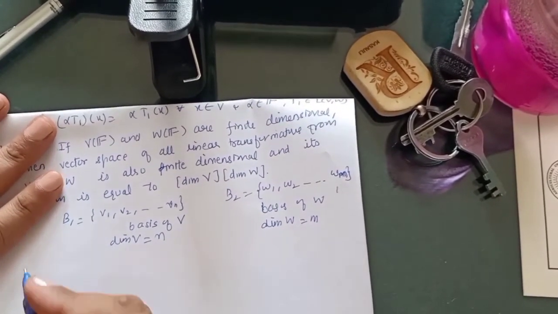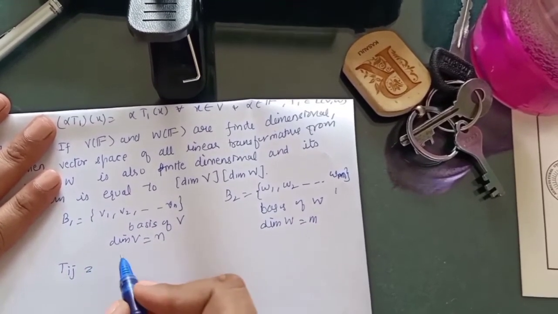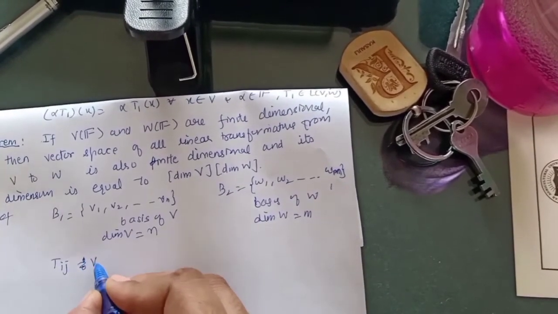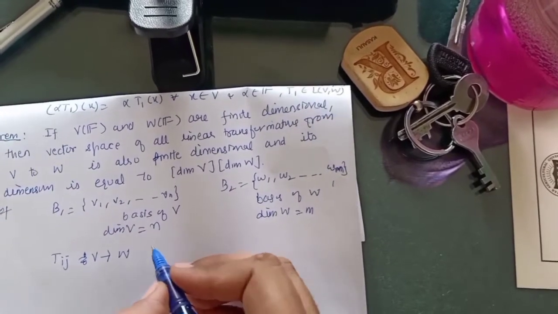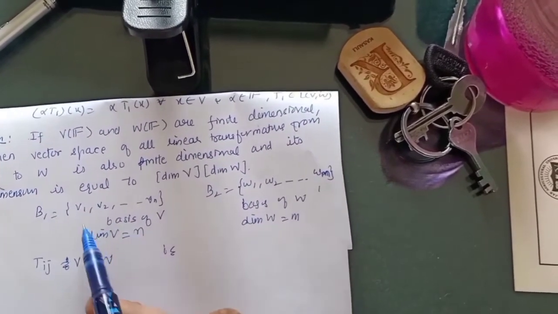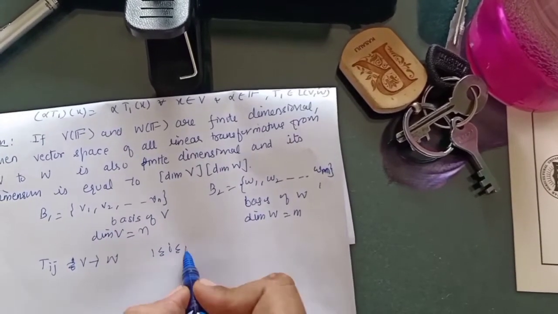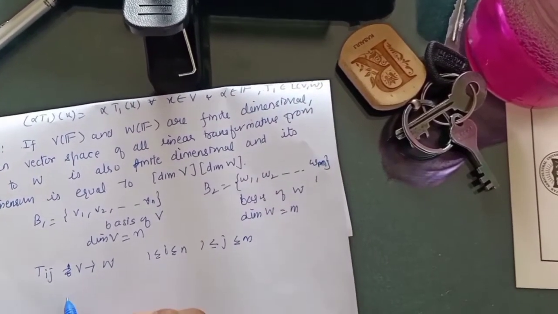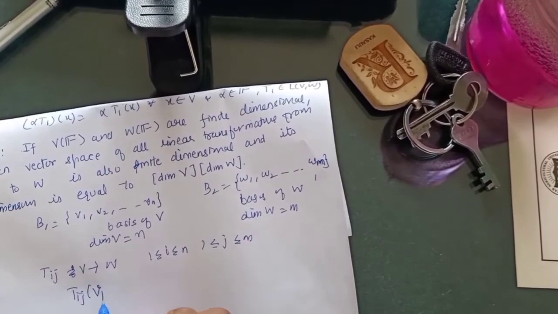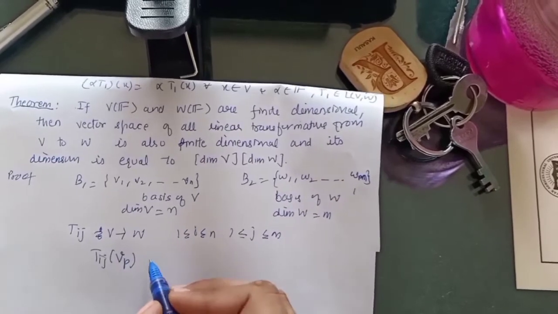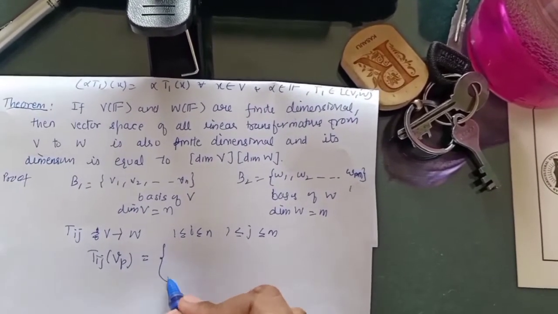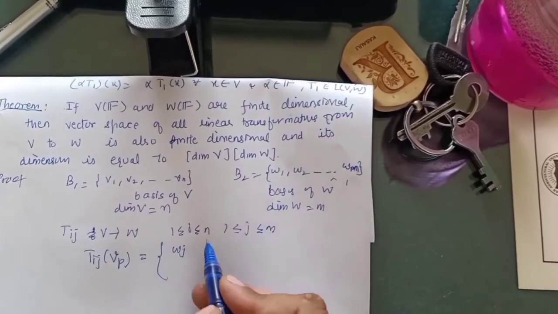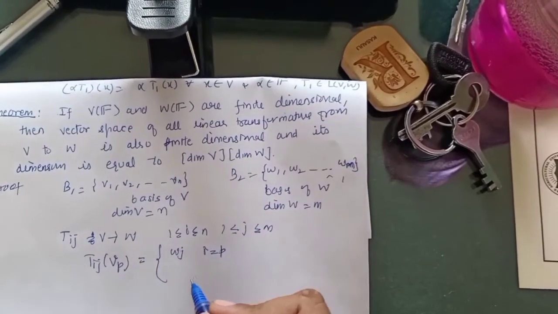Now let us define a linear transformation Tij, a linear transformation from V to W, where i stands for the coordinate 1 to n, that is for this V, and j lies between 1 to m, in such a way that it takes the pth vector of vector space V onto the jth vector in the basis of this vector space W whenever i is equal to p.